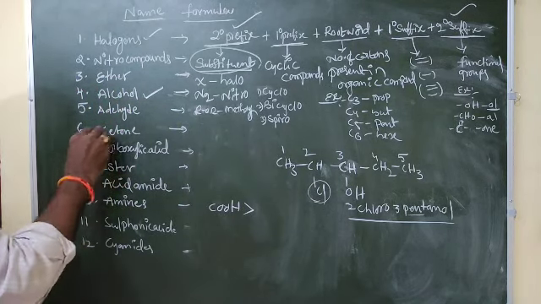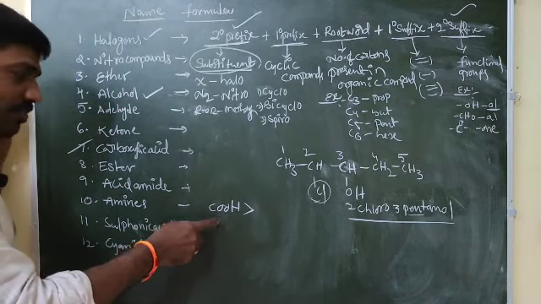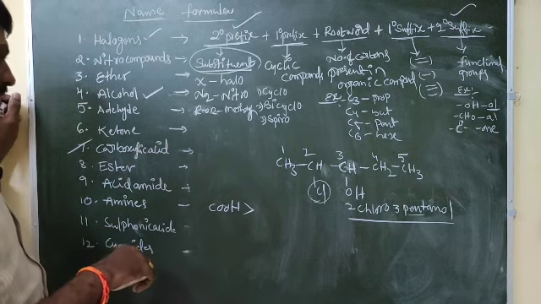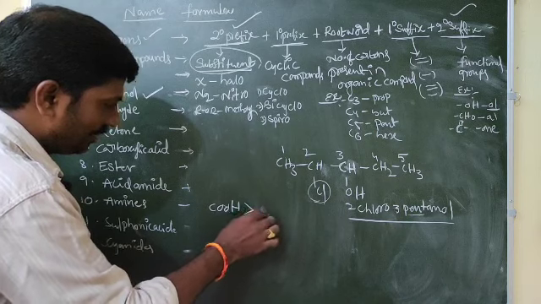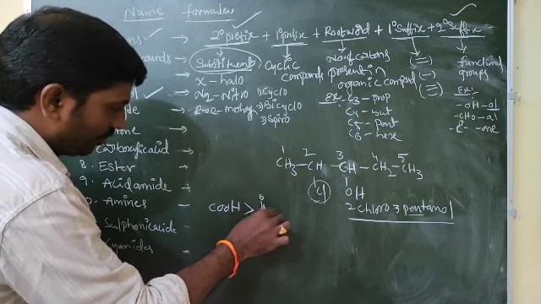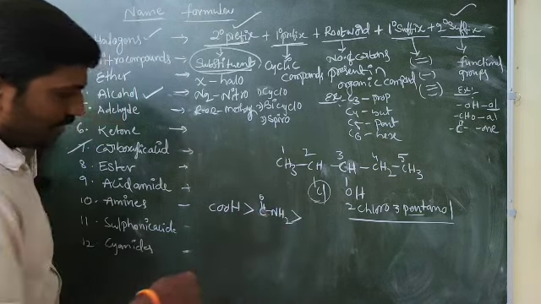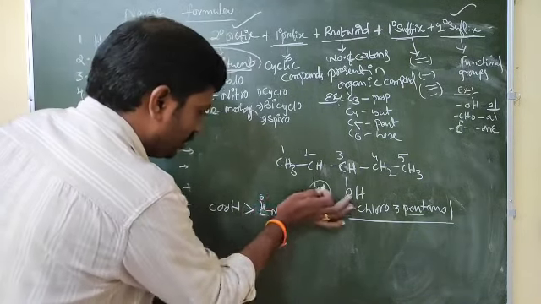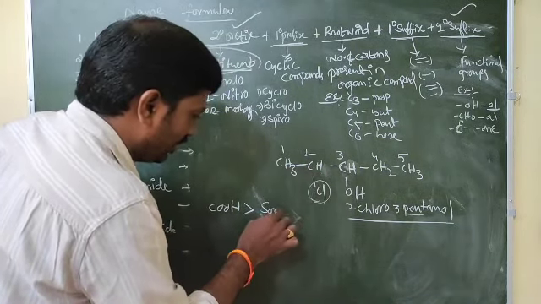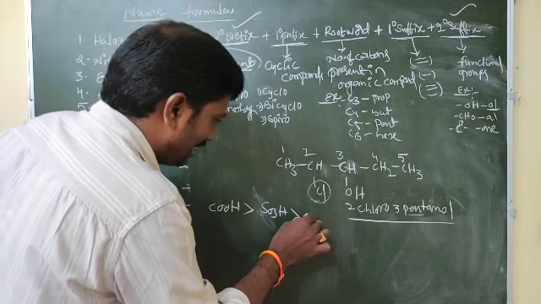Acids means carboxylic acid. This is the greater principal functional group. Next after acid, amides. Acid amide means C double bond O NH2. After acid amide, sulfonic acid, SO3H.